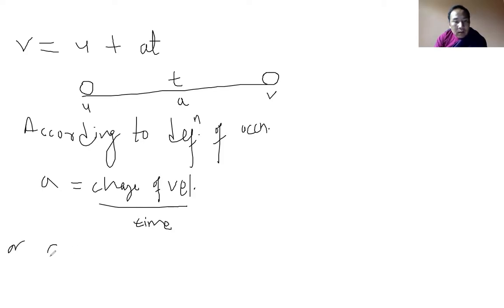Or acceleration a equal to, when the body moves from the initial point to the final point, the velocity has changed from u to v. So the change in velocity is v minus u, and time is t.